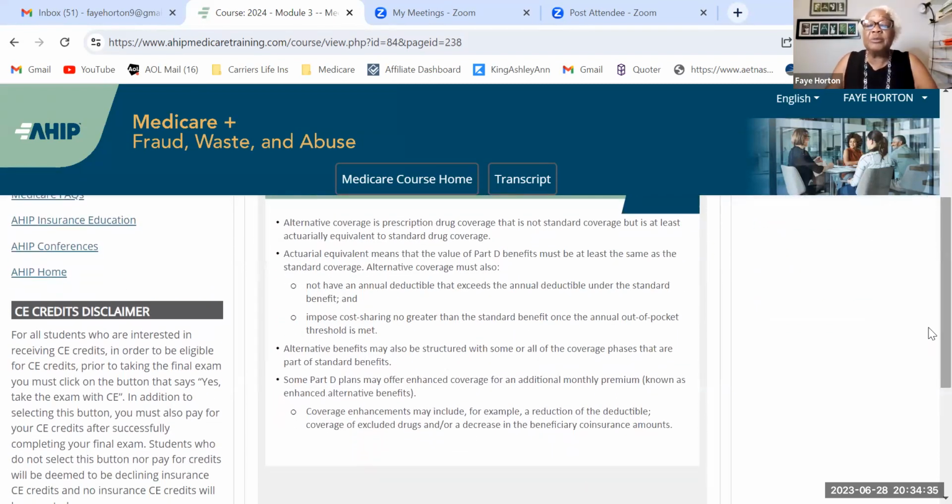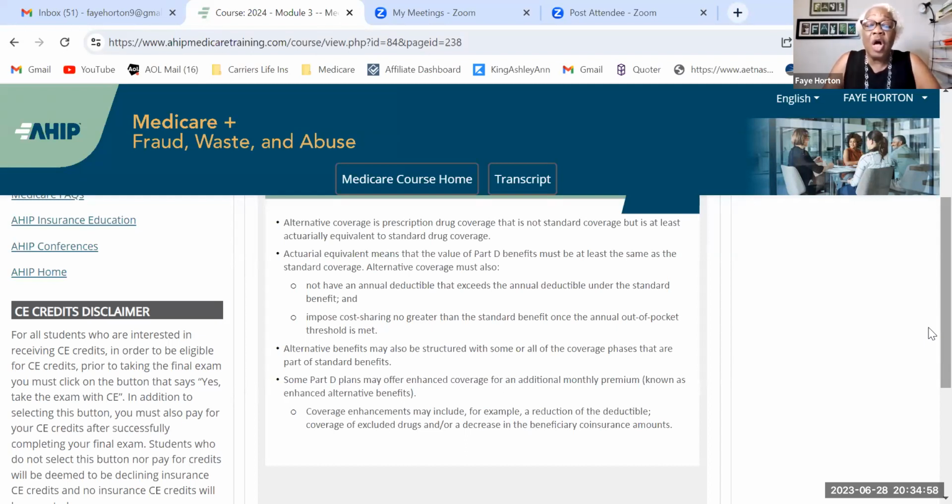Alternative coverage is prescription drug coverage that is not standard coverage, but is at least actuarially equivalent to standard drug coverage. Actuarial equivalent means that the value of the Part D benefits must be at least the same as the standard coverage.